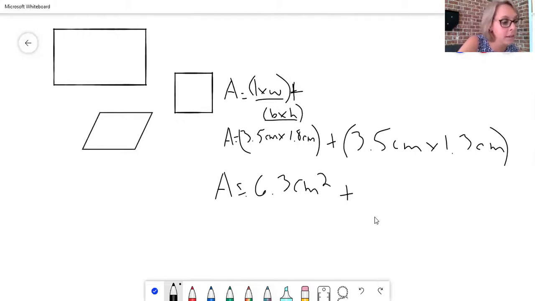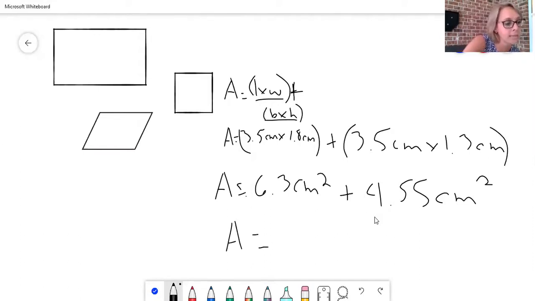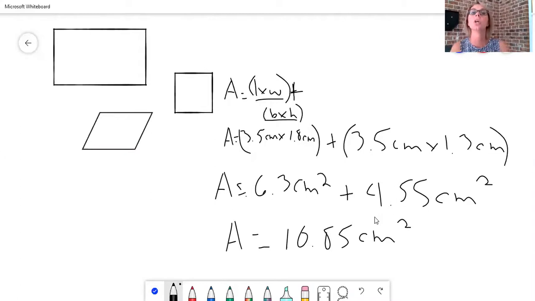Do that on your calculator, and you should have 4.55 centimeters squared. Then you add them up. So 6.3 plus 4.55, and what does that get me? 10.85 centimeters squared, okay? So that is what example 4 is about.